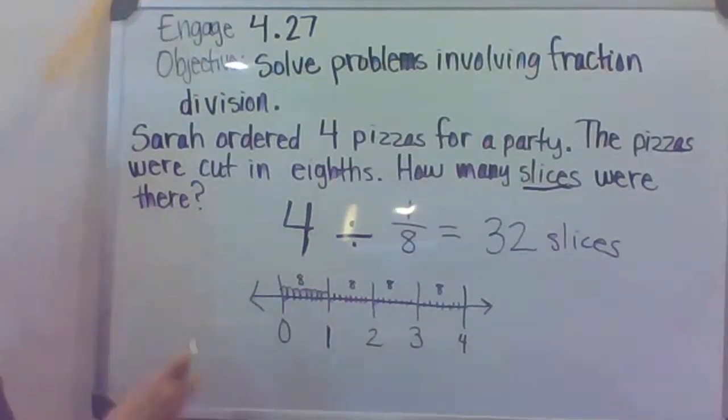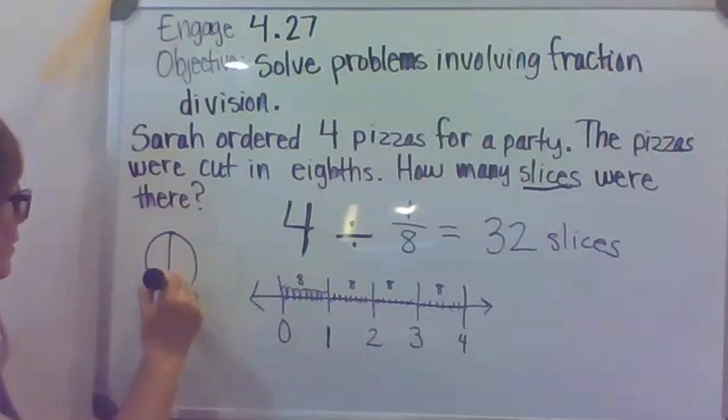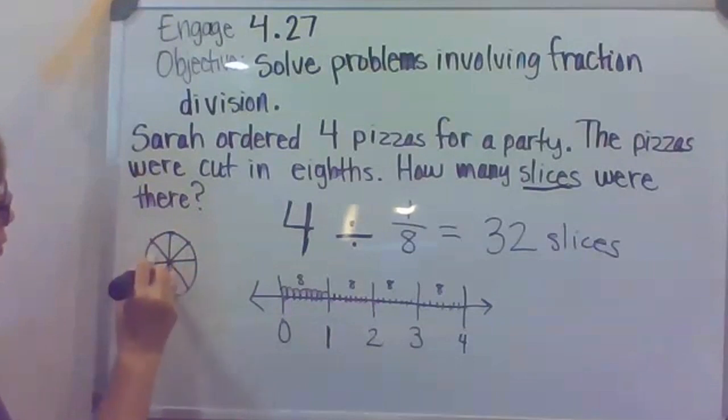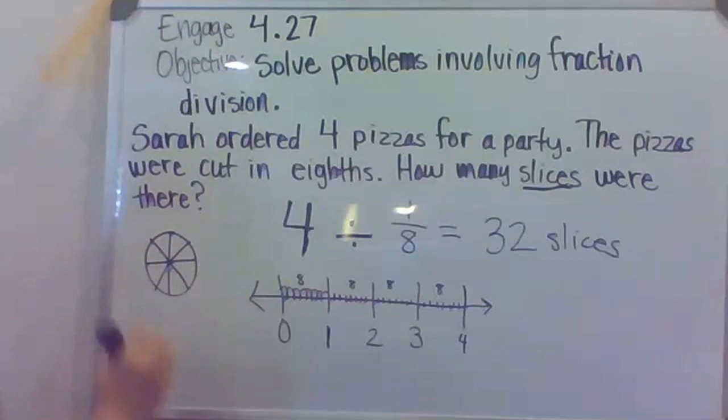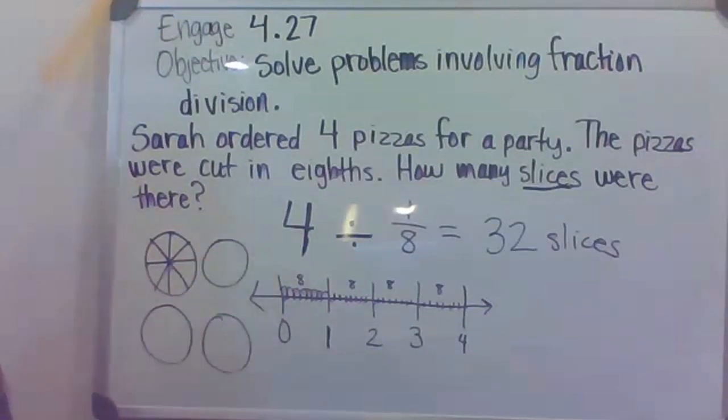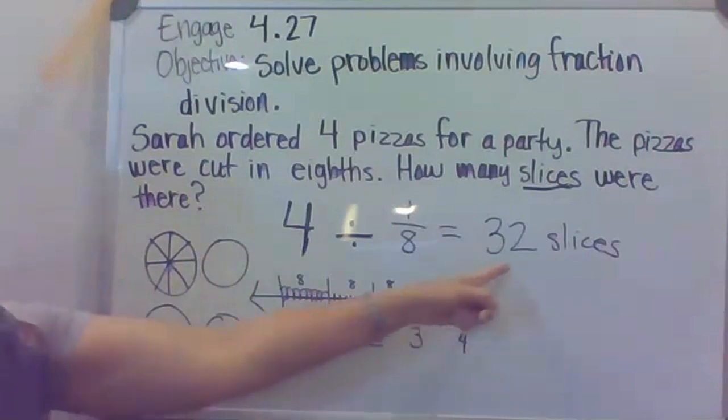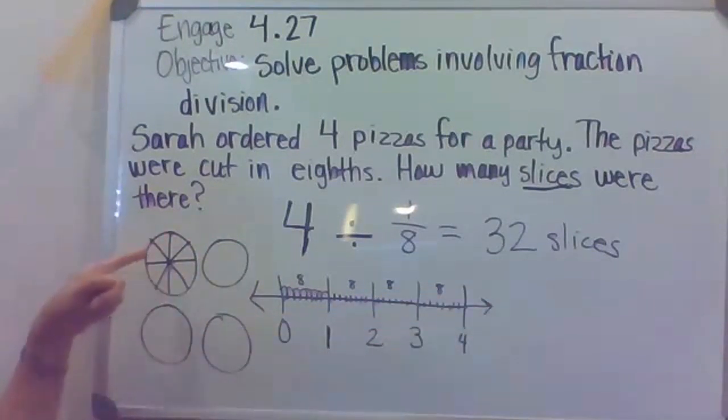Come on, Mrs. Brown. Let's try that again. 1, 2, 3, 4, and 1, 2, 3, 4. If I have 8 slices on that pizza, and I need to show it for 4 pizzas, could you figure out how many total slices there are? Well, there's 8 here, so that means there'd be 8 here and 8 here and 8 here, and 8 times 4 is the 32 slices.